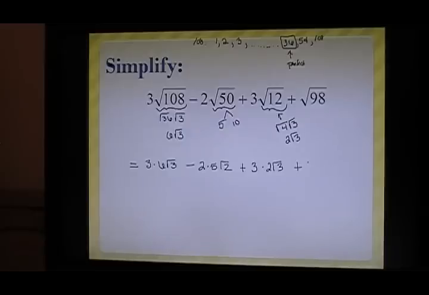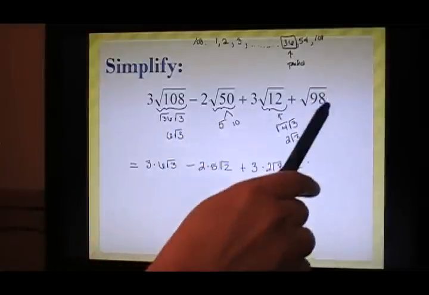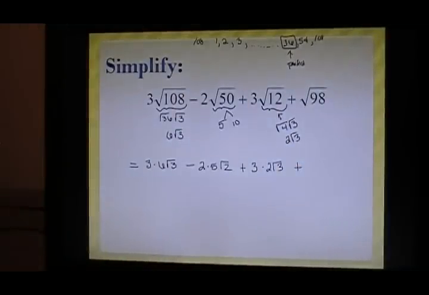And then for the last term, 98. Again, let's say you're not really sure what perfect square goes into 98, but since 98 ends in an even number, we know automatically it's divisible by 2. So we could write 98 as 2 times 49.